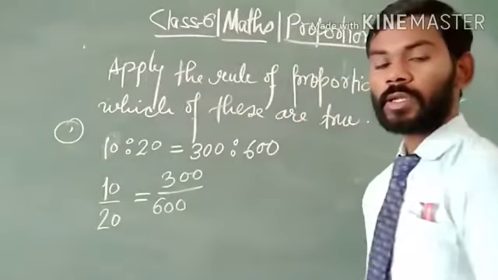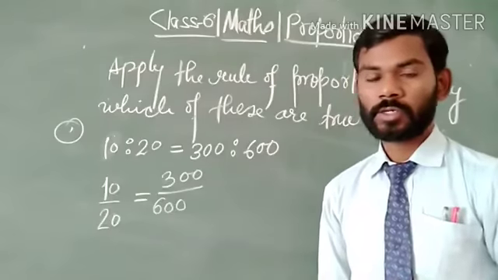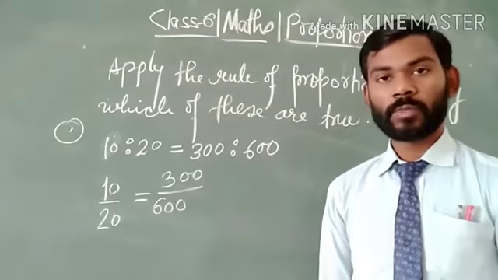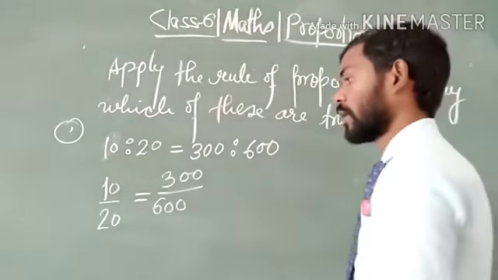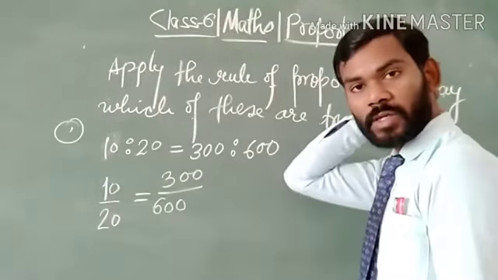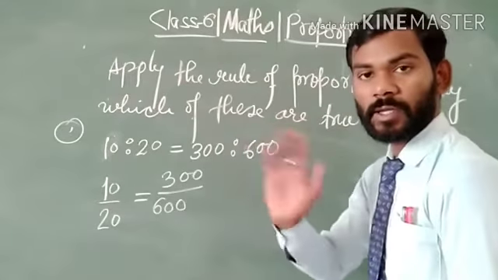Okay. Now here, in order to check whether the given ratios are in proportion or not, we can apply two methods. I will show you both methods one by one. The first method is the division method and the second method is the cross multiply method that we have studied earlier.